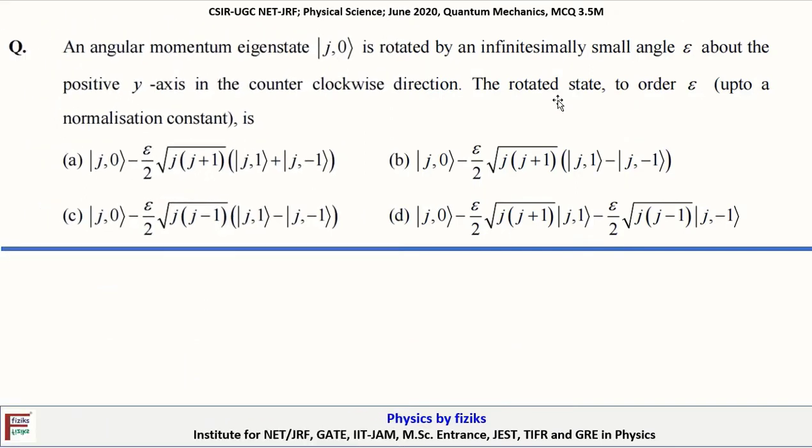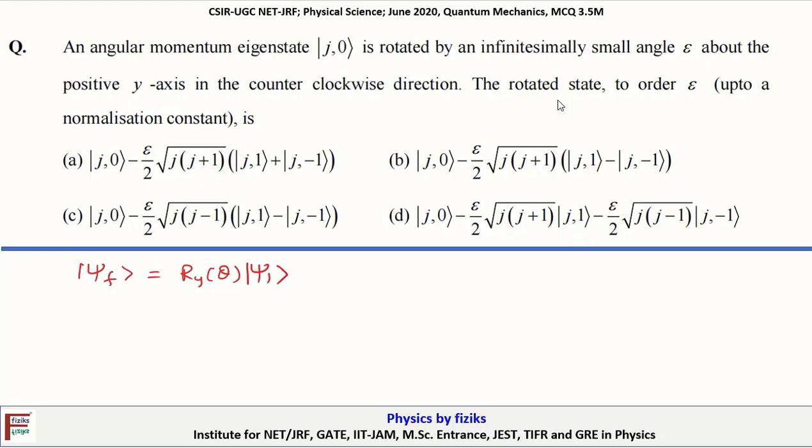Now in this problem, the initial state is Jy and it is rotated along the positive y axis in the counterclockwise direction. So the rotated state psi phi would be given by, let us assume, R_y(theta) into psi.